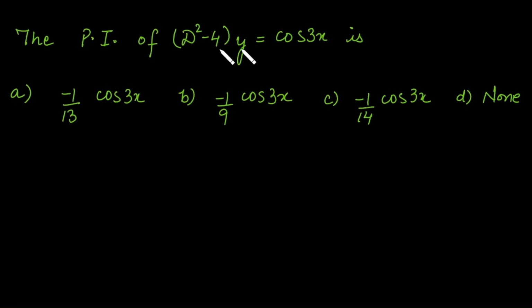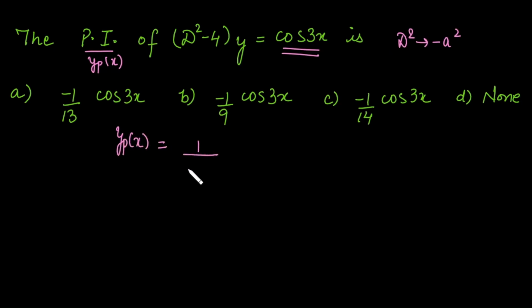Next question is, what is the particular integral of this differential equation? We just need to find the particular integral, not a complementary solution in this case. So for the cos function, we replace d square by minus a square. So the particular integral in this case is evaluated as 1 upon d square minus 4 cos of 3x.